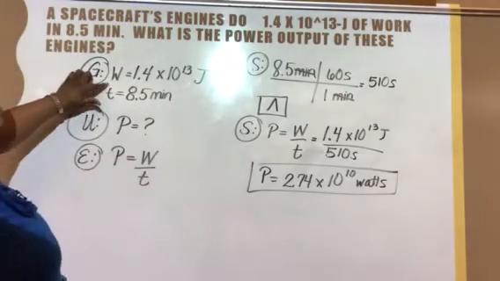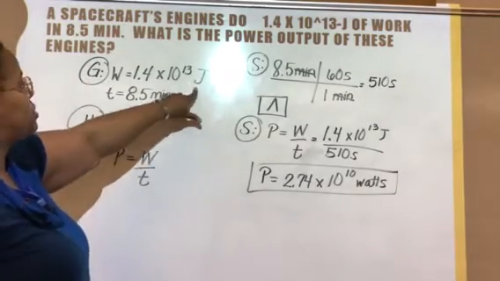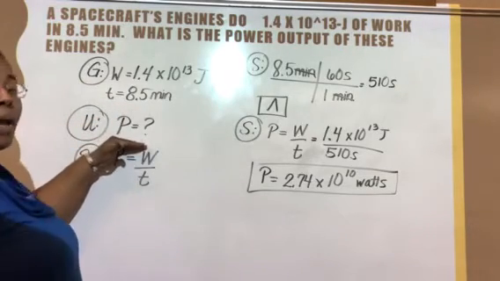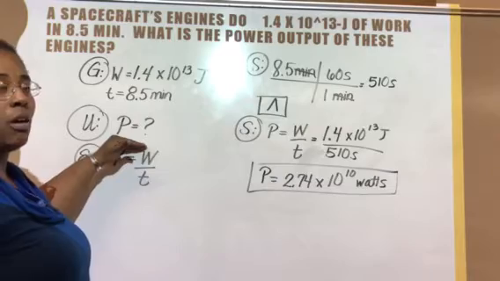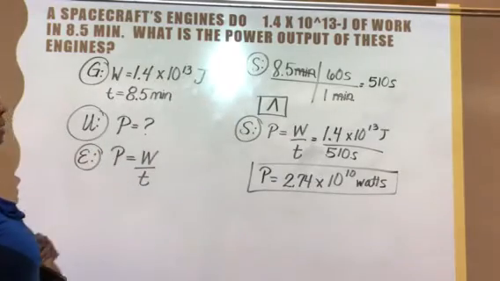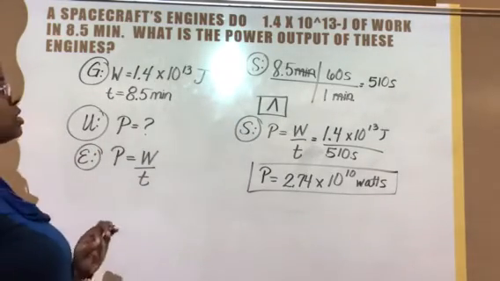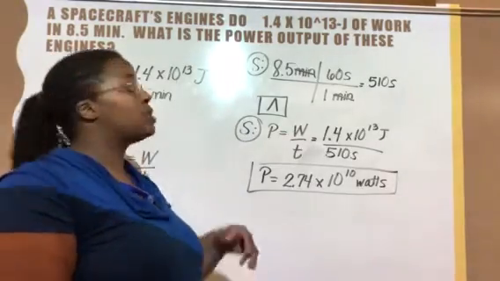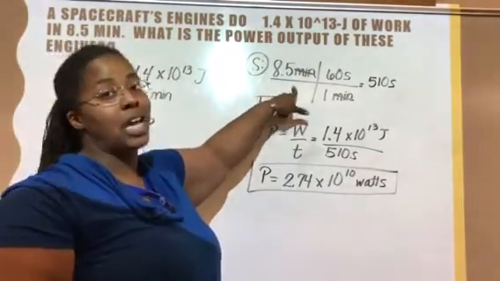So, they gave us work that was measured in joules. They provided us time in minutes, and they wanted us to figure out the power output of the engine on your spacecraft. We used our basic equation of power equals work divided by time. There was a need for us to substitute, so we wanted to change our minutes to seconds.